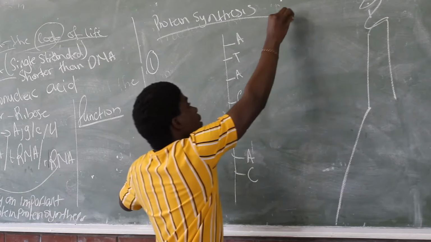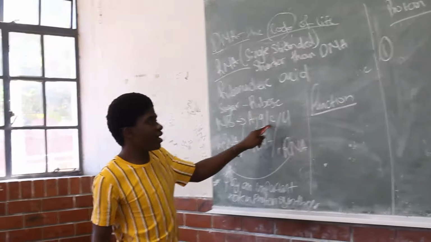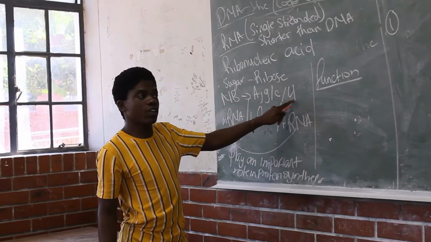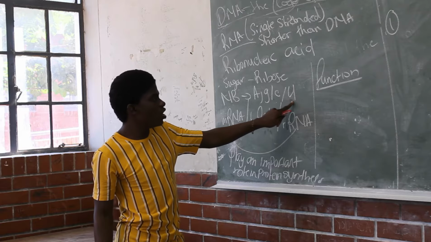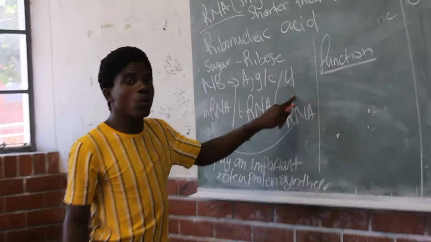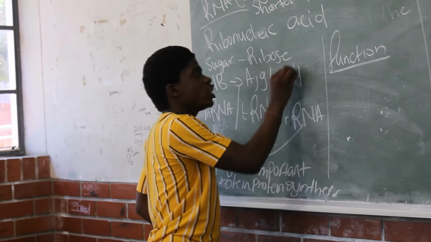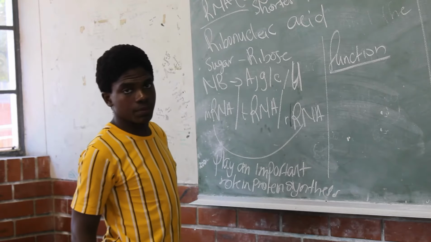Remember that I said when we are talking about RNA, we do not have thymine, but we have what? Uracil. So whenever you see a strand that has a U in it, that means it's RNA.